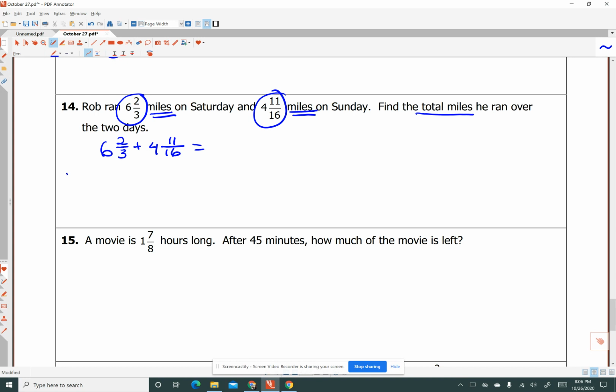The multiples of 16 are 16, 32, 48. And 48 is also a multiple of 3.